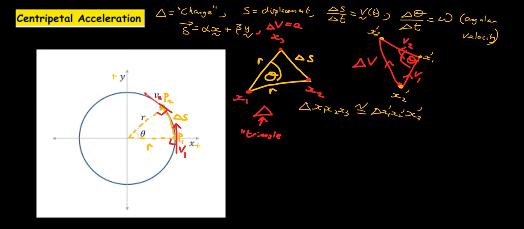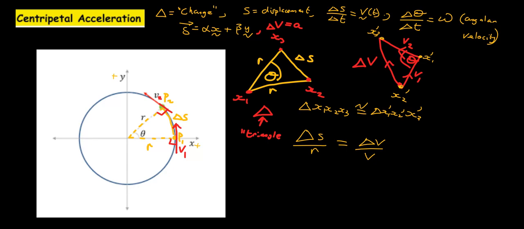So using ratios, we can say that the change in S divided by R must be equal to the change in V over V, because these are equal in magnitude, but because they are vectors, they're not equal in their natural form.